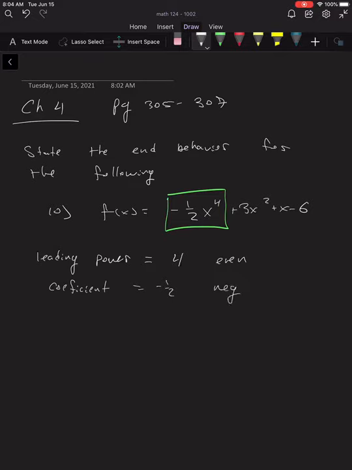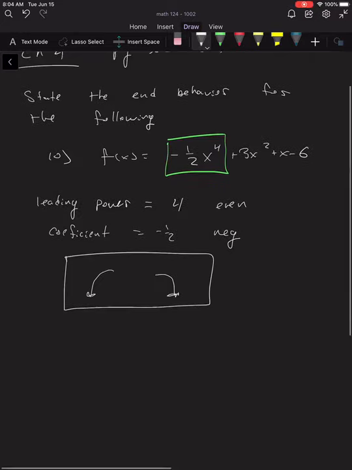And so whenever you have an even power and a negative coefficient, our end behavior is this. It goes down on the left and goes down on the right. We had the whole chart that has all the different options.